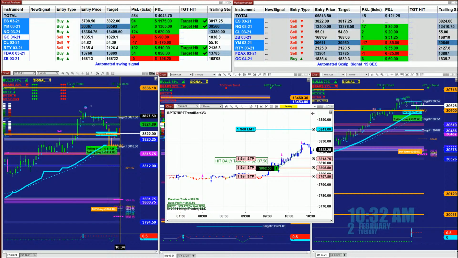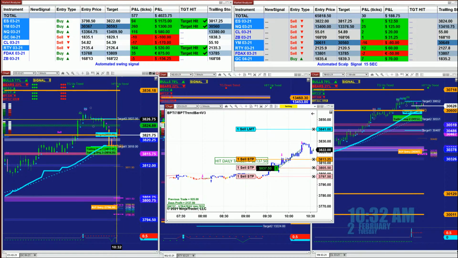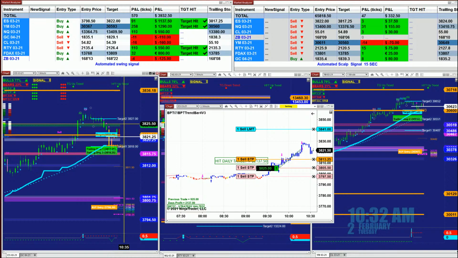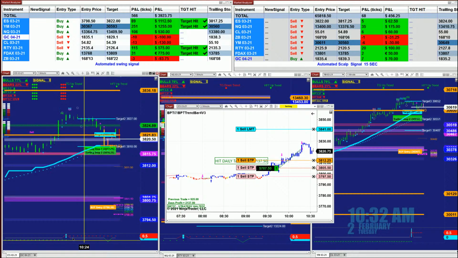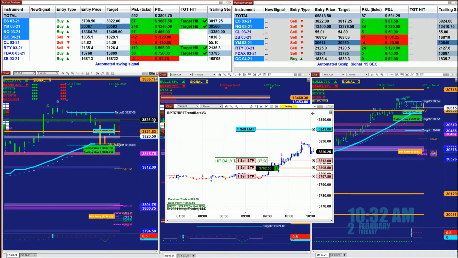It's going to cause a lot of chop in the market if we are not breaking target 2, and it's going to drive you crazy. It's going to drive you bananas going between target 2 and target 1 from now till 12 o'clock. So this is a very interesting area to see how the ES is going to fall on this.